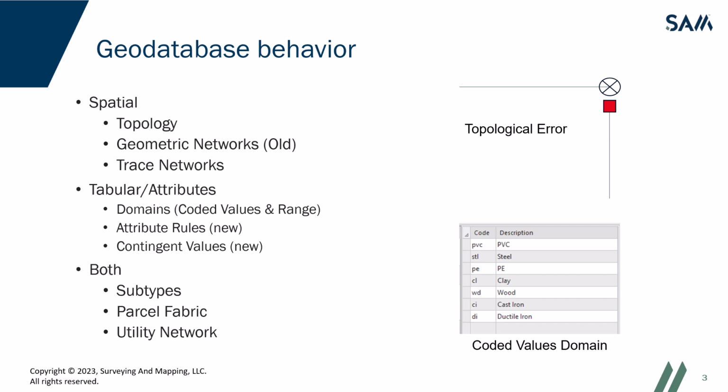With a geodatabase, the behaviors we're talking about are actually built into the database itself, meaning they're running anytime you're accessing the data, updating the data, doing analysis on the data. That capability is just inherently there in the background. And you don't have to worry necessarily about it being dealt with programmatically, which is a very powerful capability.